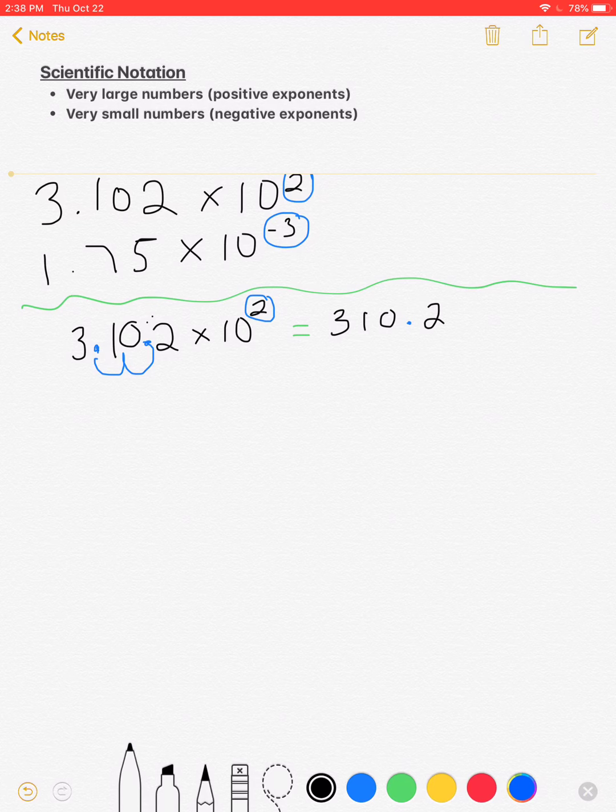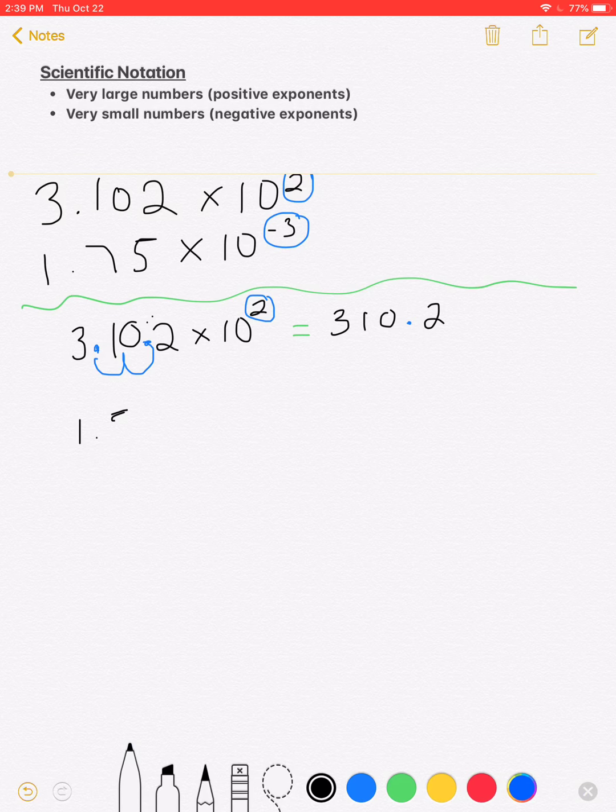So I have just turned 3.102 times 10 to the second from scientific notation into standard form, which would be 310.2. So that's, in general, a larger number. It is bigger than 1. That's kind of the main thing. It's larger than 1.